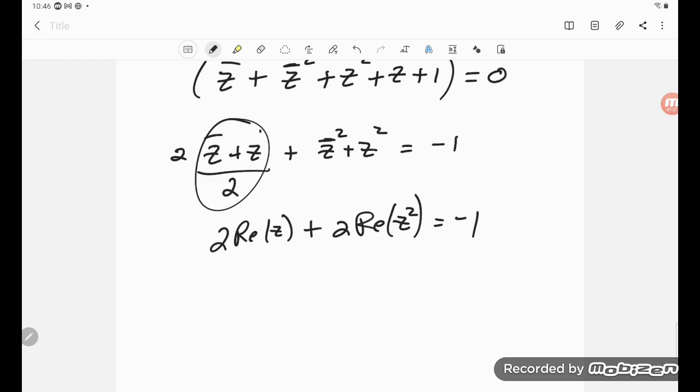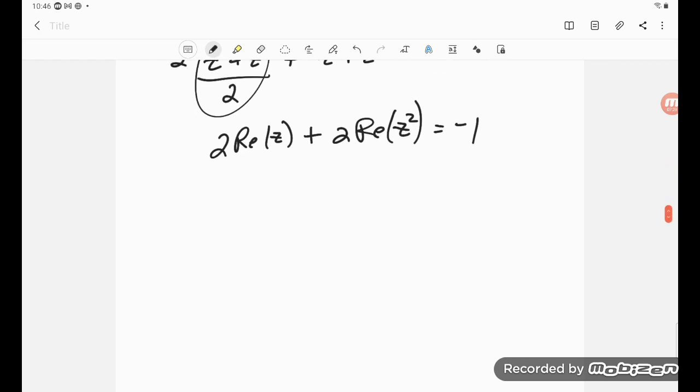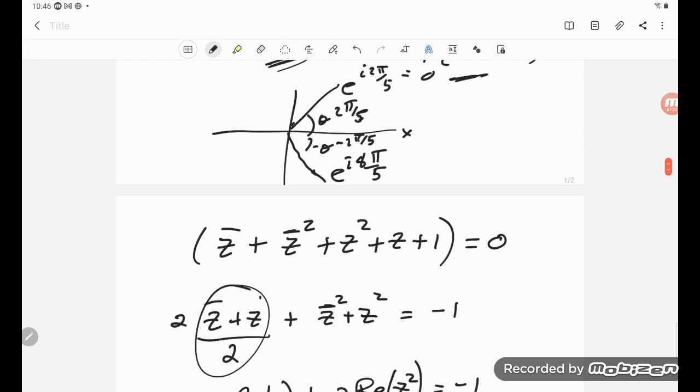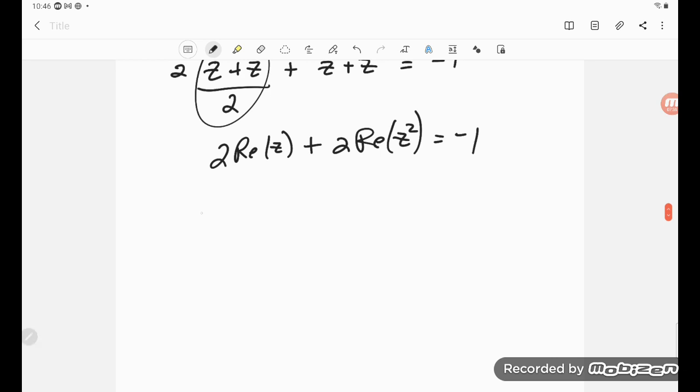Now notice that the real part of z is kind of what we want to get at. Let me write it here. We have z is equal to e to the i 2 pi over 5. And so that means the real part of z is the cosine of 2 pi over 5.